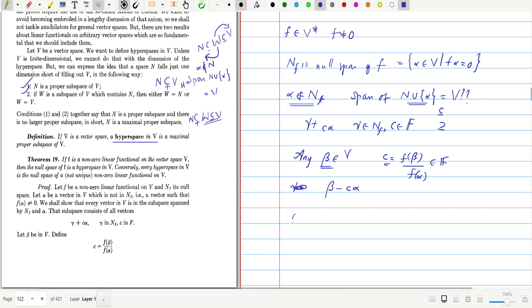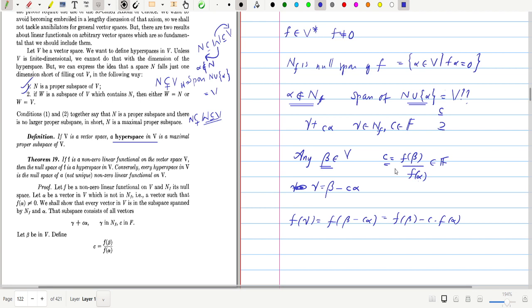Then what is f of it? I put it as gamma. For some gamma, f of gamma is nothing but f of beta minus C alpha, that is equal to f of beta minus C times f of alpha.